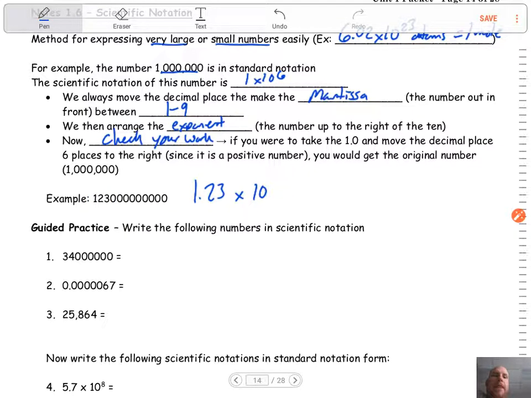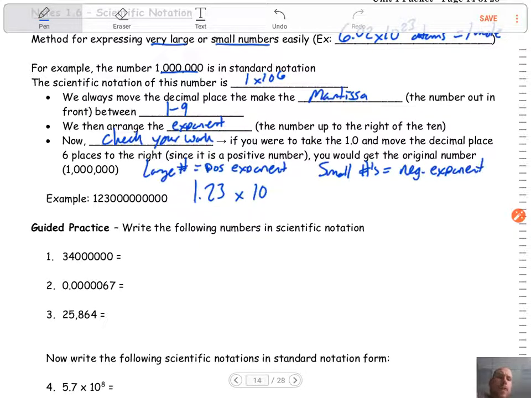To figure out that power, remember that large numbers have a positive exponent, and small numbers, i.e. less than 1, are a negative exponent.